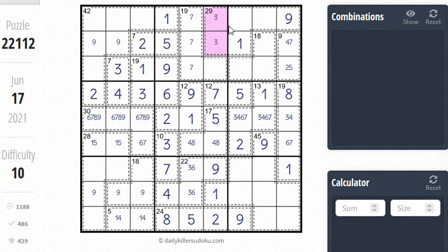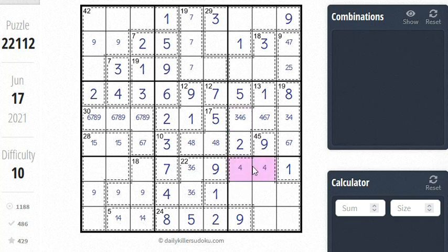It's going to be a 3 up in here. And because this 3 is here, this has to be a 3 and this has to be a 3 because once again there's no 3 in these two squares and we have to have a 3, so that's good.